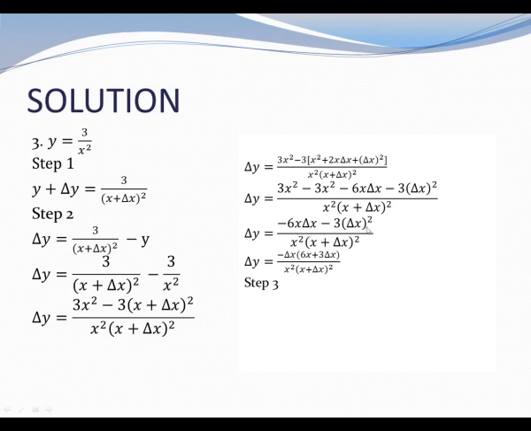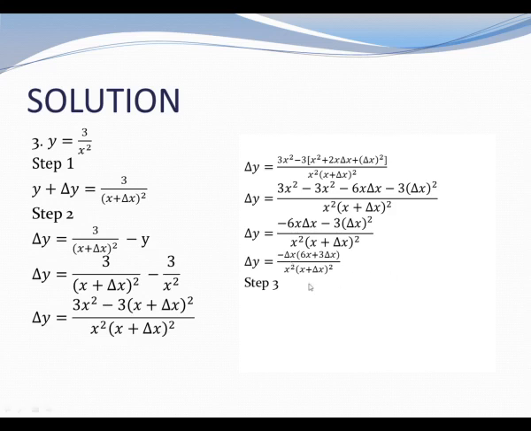And then we can factor out delta x as the common factor in the numerator. So we factor out the negative delta x, multiplied by the quantity of 6x plus 3 delta x in the numerator. The idea here is that we can factor out the delta x because the next step is to divide both sides by delta x, so it is easy to reduce with the delta x.